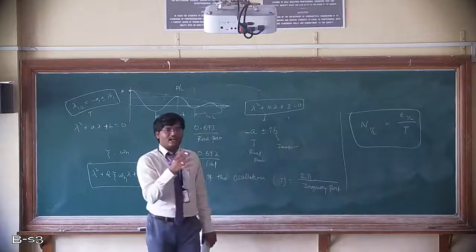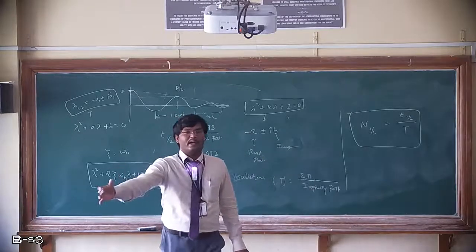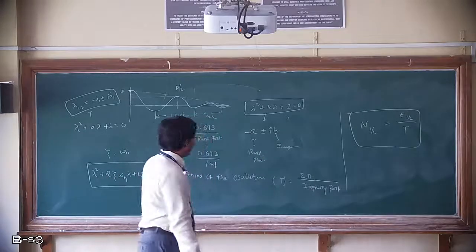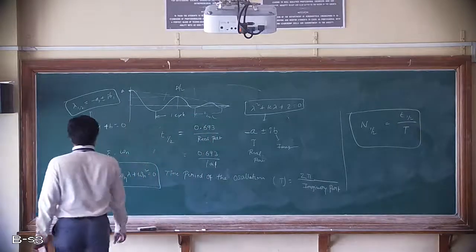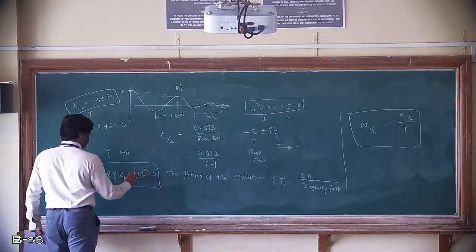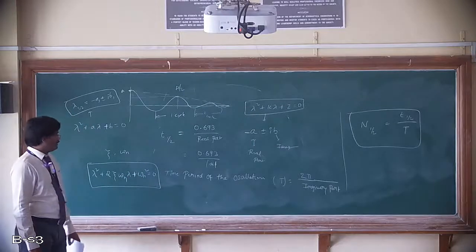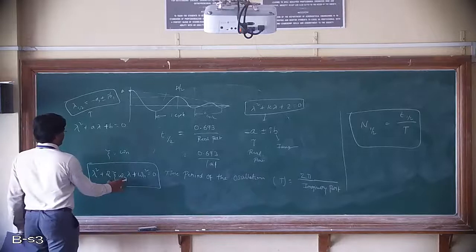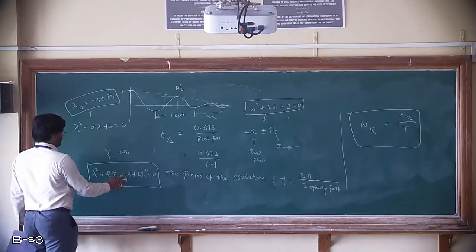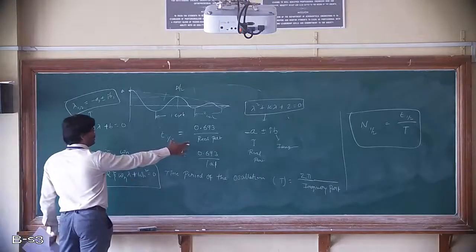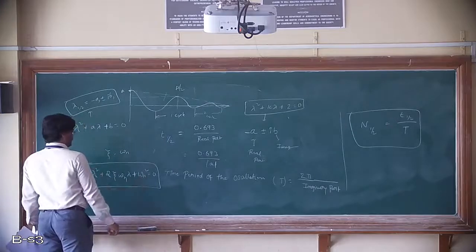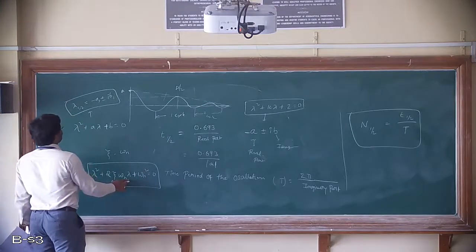If you compare these roots with these roots, I want the real part of the characteristic equation in terms of damping ratio and natural frequency. How can you represent it?